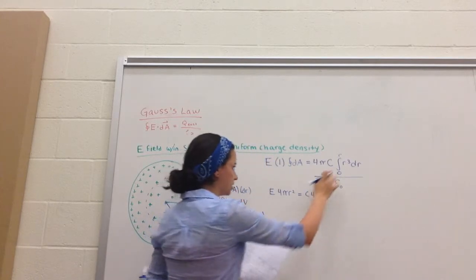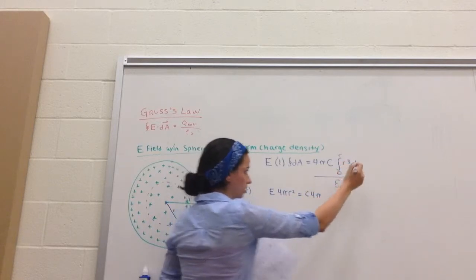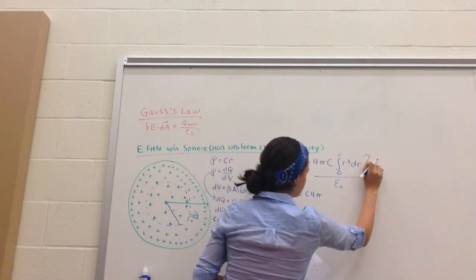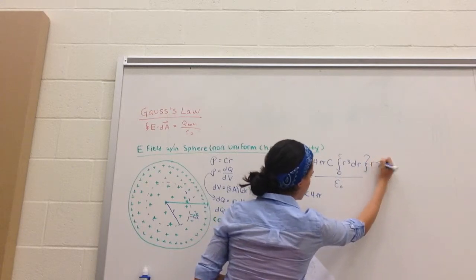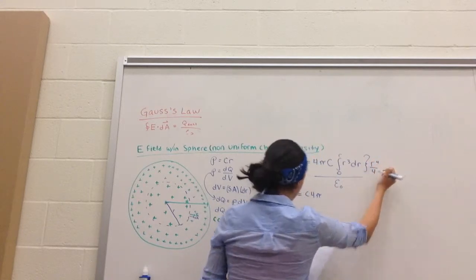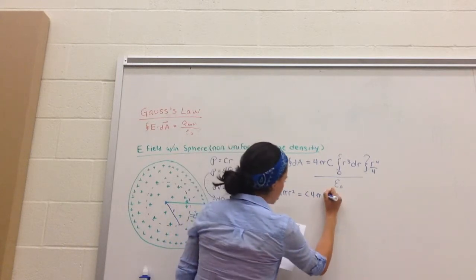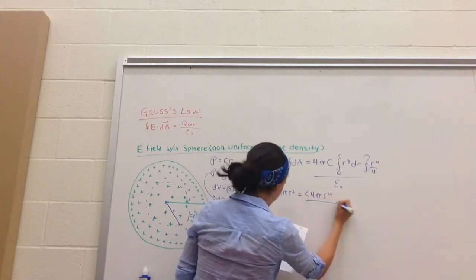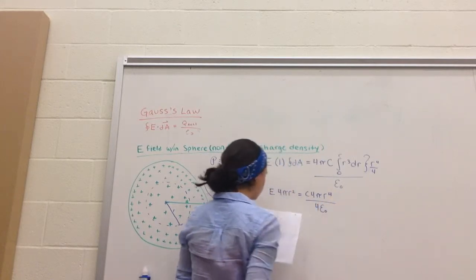And then after we integrate this, we get r to the 4th over 4. I'll just rewrite that bracket. R to the 4th over 4. So c times 4 pi r to the 4th over 4 epsilon naught.